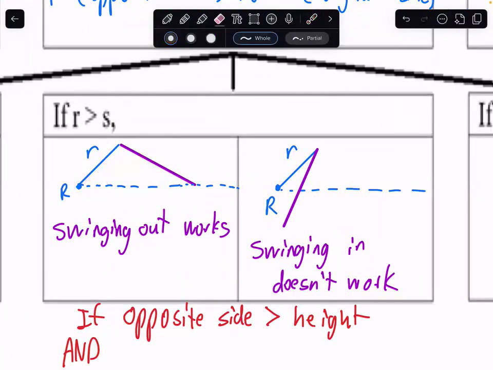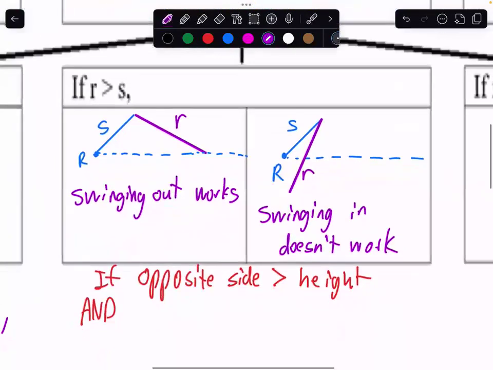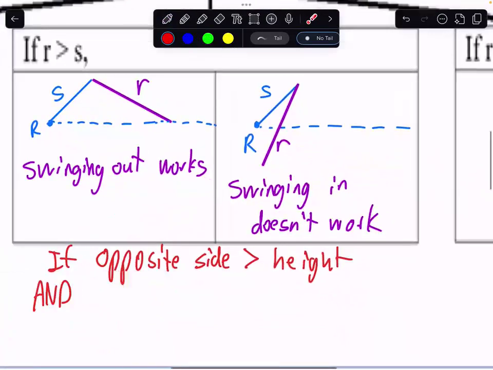This should have been R and this should have been S. But yeah, now the opposite side is longer than the adjacent side.